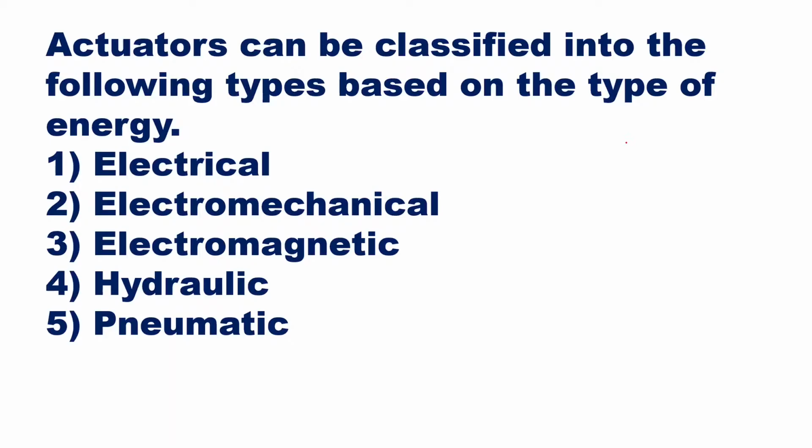Actuators can be classified into the following types based on the type of energy: electrical actuators, which we have named here electromechanical actuators, electromagnetic actuators, hydraulic actuators, and pneumatic actuators. From this we are going to study electrical actuators.